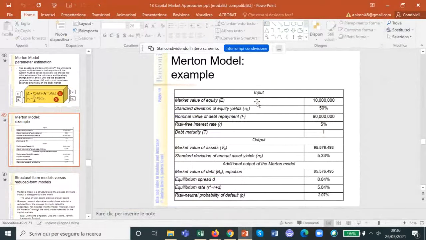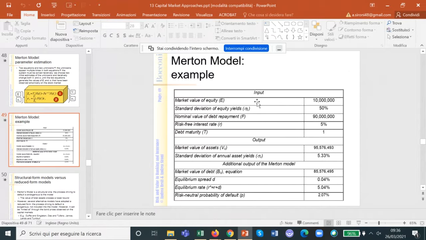And basically, it's assuming that we have a company with a market cap of 10 million. The standard deviation on a yearly basis of the equity return is 50%, so very high. The nominal value of debt is 90 million. The risk-free rate is 5%, and the debt maturity is 1 year.